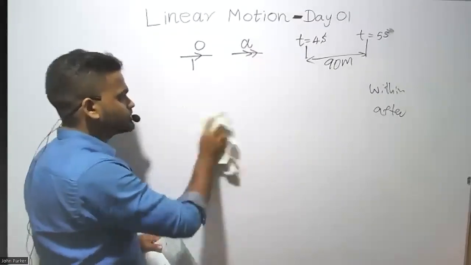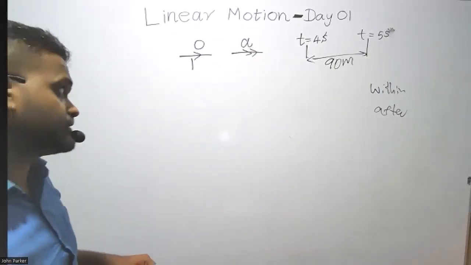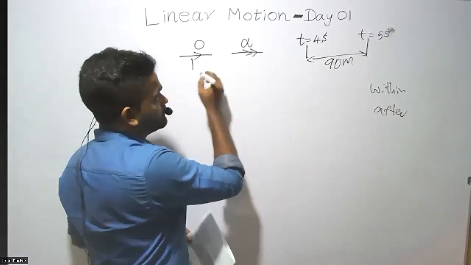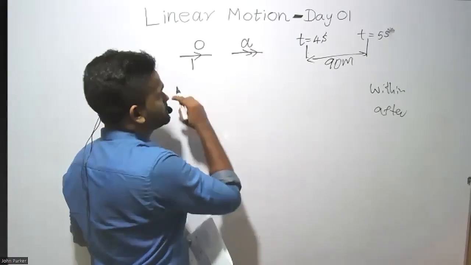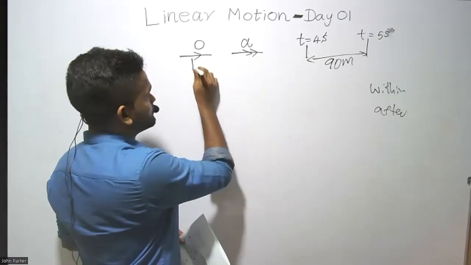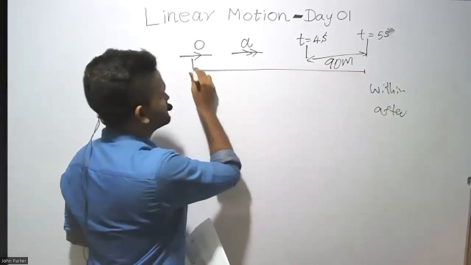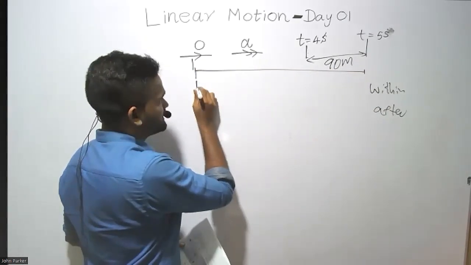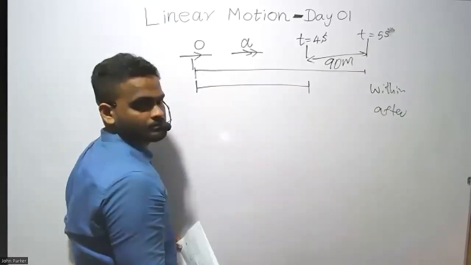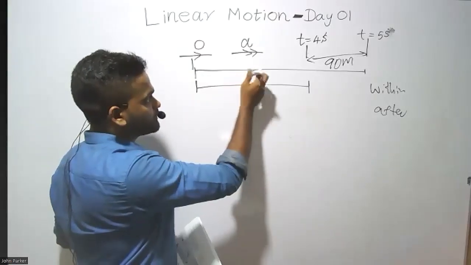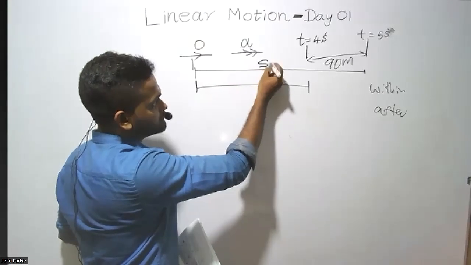And it has a constant acceleration. So I'm going to apply equations from here to here and from here to here. For the first one, let's say that is S1.